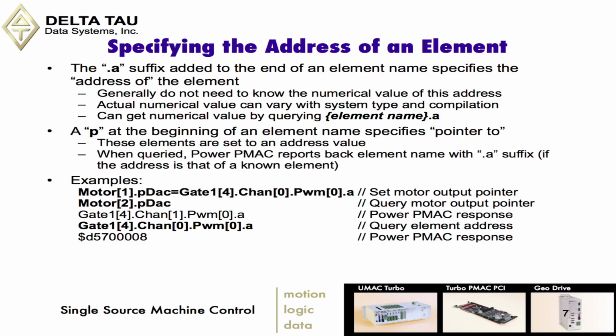The P at the beginning of an element name, and when we talk about element name versus complete structure, the complete structure name is the upper structure level and then its element name. So we have Motor, in the case of the last one that we just did, Motor.AbsPhasePosSf.